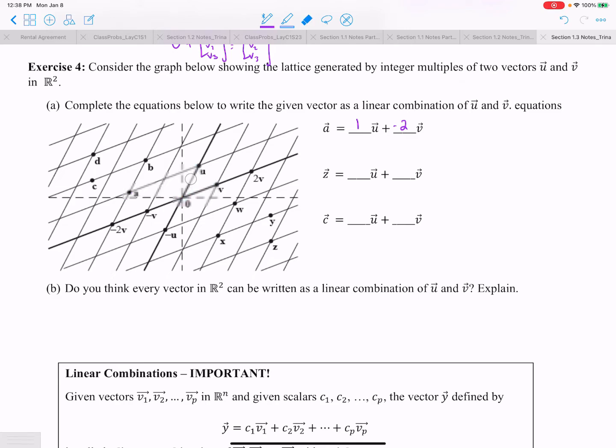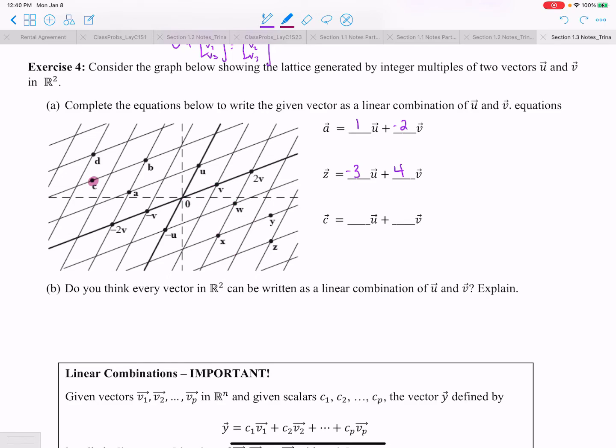Well, what about another one? To get to the z, I could go 1v, a negative u, 1v, negative u, 1v, negative u, 1v. So I went 1, 2, 3, 4. So I went 4 v's and negative 3 u's.